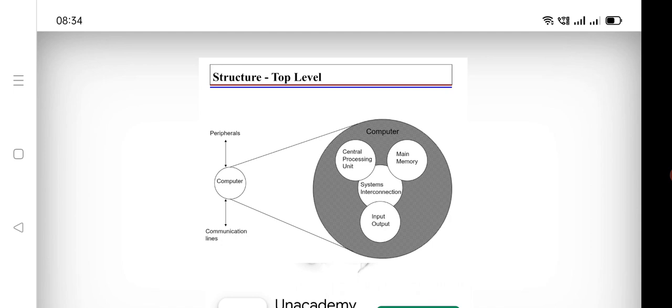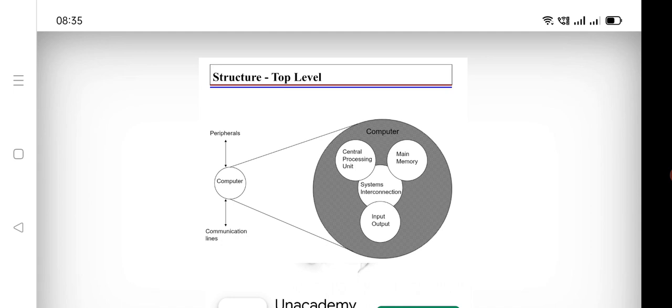Now from the computer, what is it in the top level? If I'm going to see the computer internally, what are the different components? In the structure of your computer, what are the different components? Central processing unit, CPU, you'll have in the computer, main memory you're going to have in the computer, and you're going to have the input and output devices for the computer.